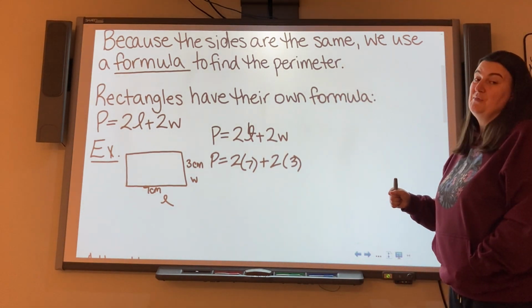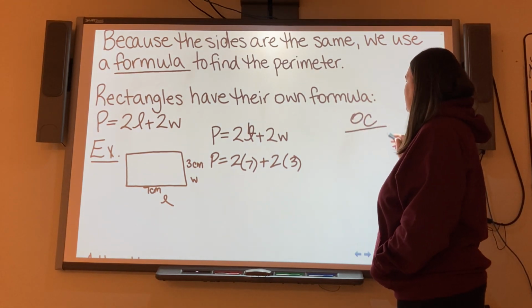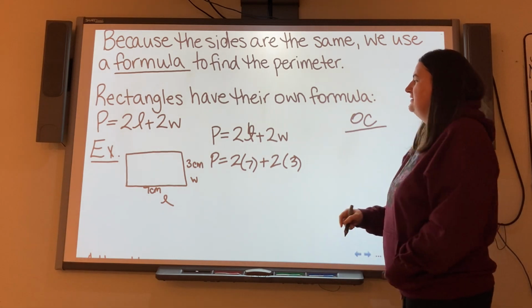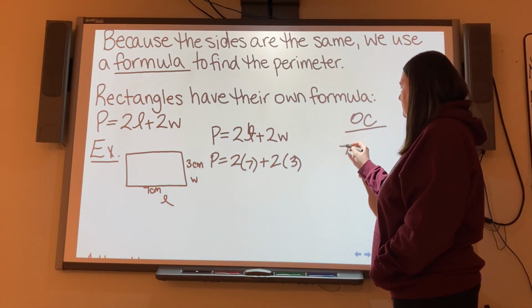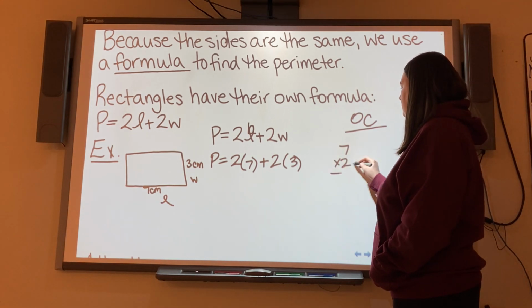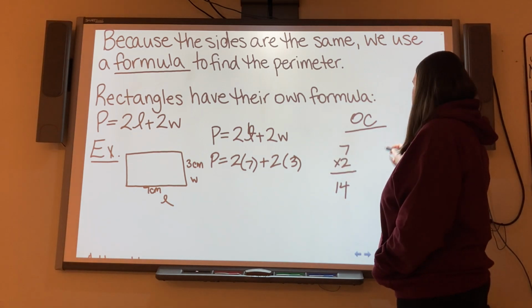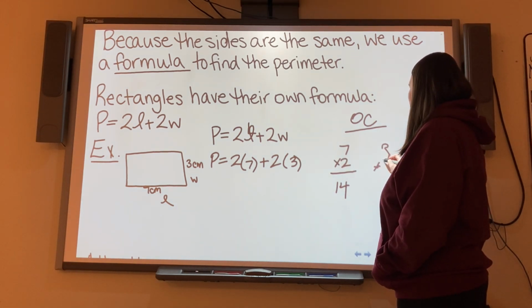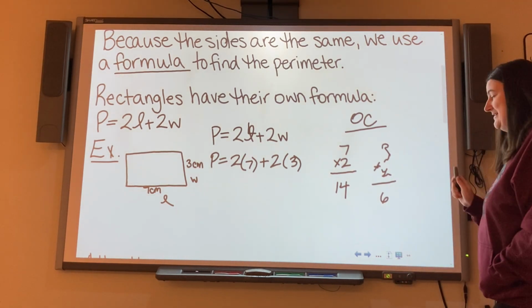And now, more outside calculations. So first, 2 times 7. Put your 7 times 2 is 14, and then 2 times 3. Put your 3 times 2 is 6.